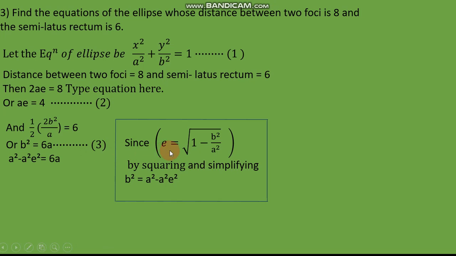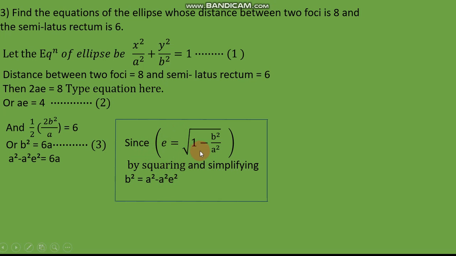Okay, now look at here, since eccentricity is equal to root over 1 minus b square by a square. This is the important formula, remember this. By squaring and simplifying we get that b square equal to a square minus a square e square.